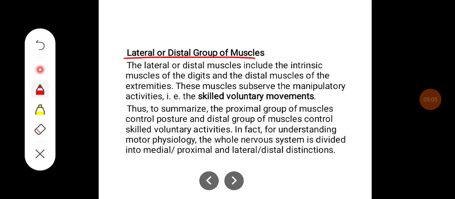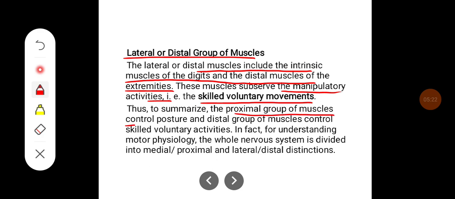Lateral or distal group of muscles. The lateral or distal muscles include intrinsic muscles of the digits and the distal muscles of the extremities. These muscles subserve the manipulatory activities, that is, skilled voluntary movements. Thus, to summarize, proximal group of muscles control posture and distal group of muscles control skilled voluntary activities.